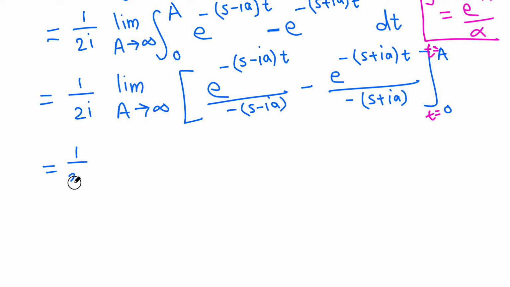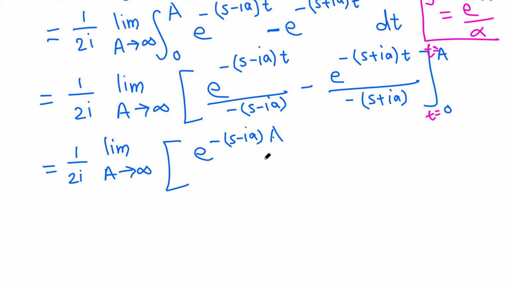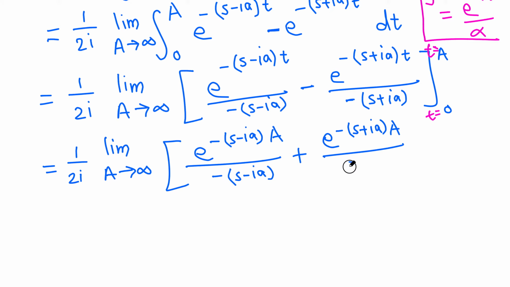So here is 1 over 2i, limit as a approaches infinity. Plugging in the upper limit, e to the minus (s minus ia) times a over minus (s minus ia), and for the other term, e raised to minus (s plus ia)a over s plus ia. This is just plugging in t equals a, the upper limit.